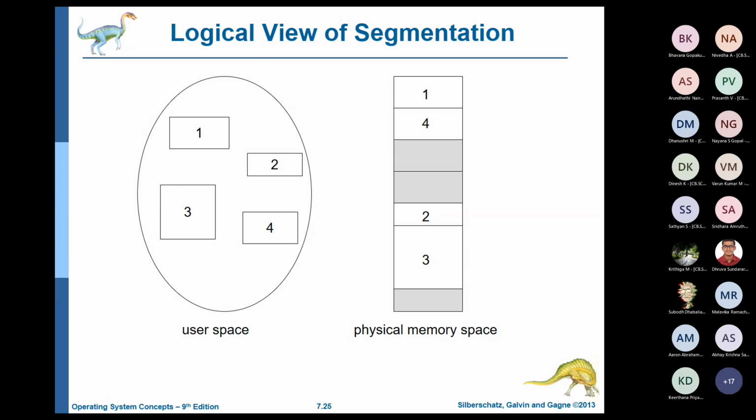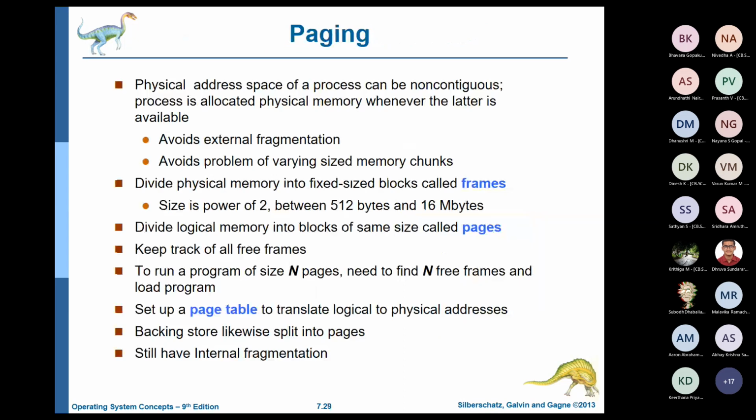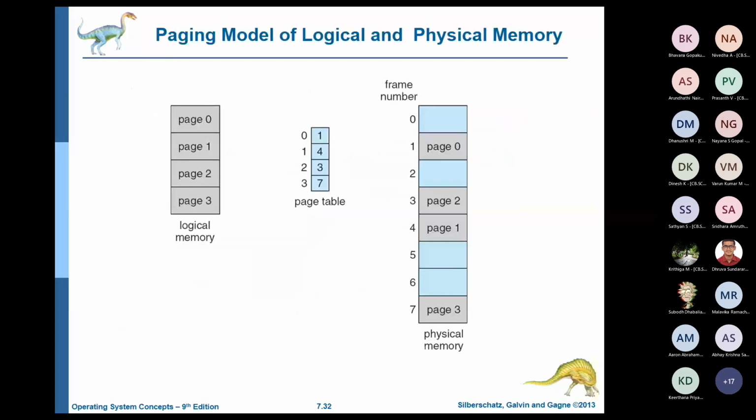Now, each segment of the program you can assign to what is known as a page. Physical memory, I already told you, is divided into frames. Logical memory you break down into pages.